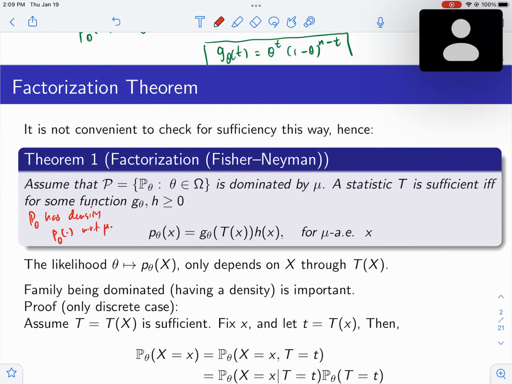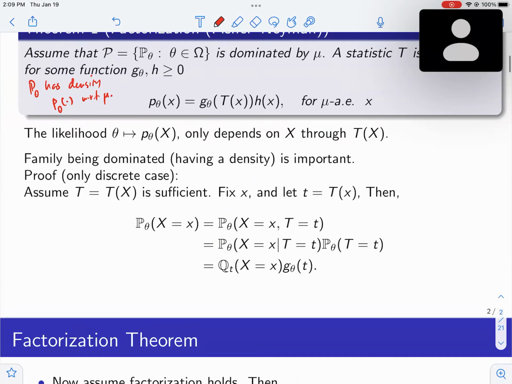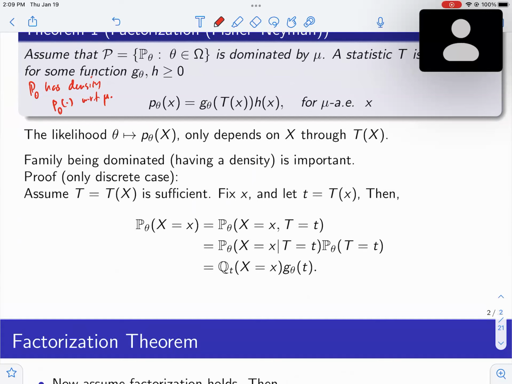The proof of the interesting part, that if this holds then T is sufficient, is very similar to what we did for the Bernoulli case. You can go through it exactly the same, except that for P theta of X equals x, I have this Bernoulli form, and you plug it in and do the calculation. And you see that in the end, the conditional distribution of X given T is not dependent on theta. So that's the proof. The other way has a one-line proof, which I'm going to skip.